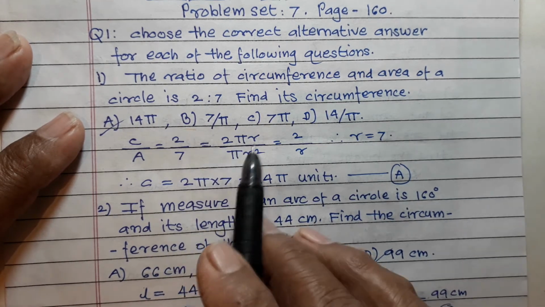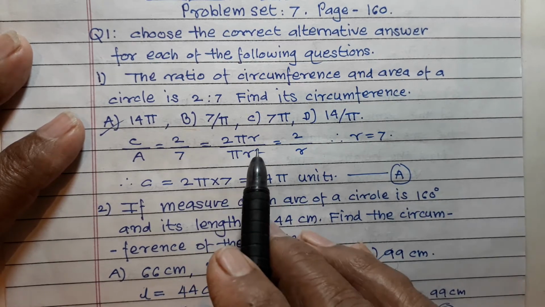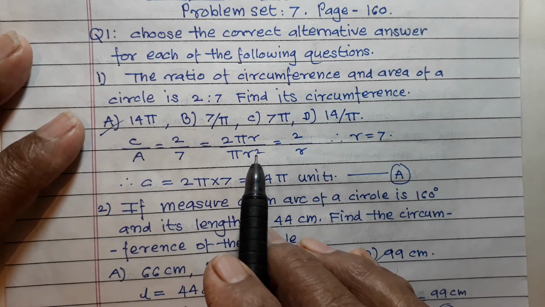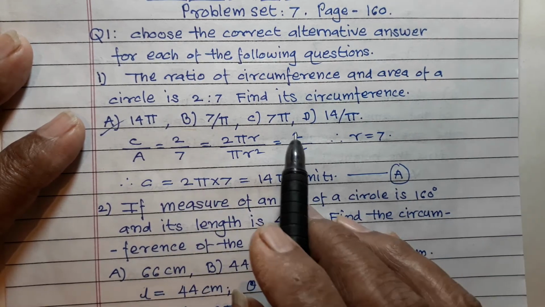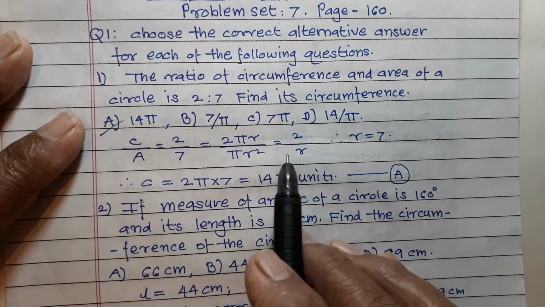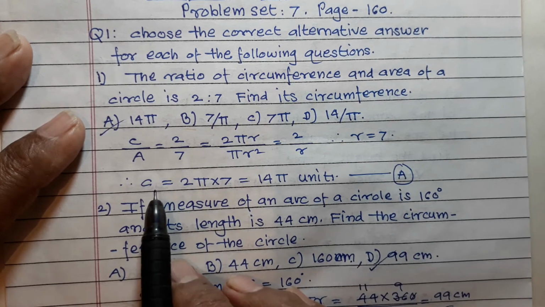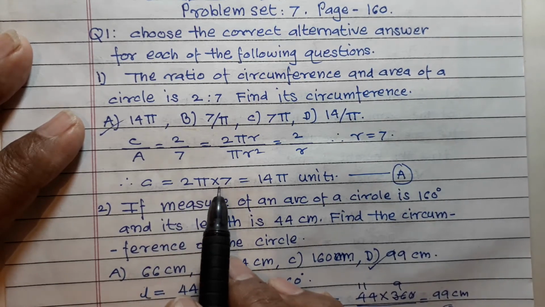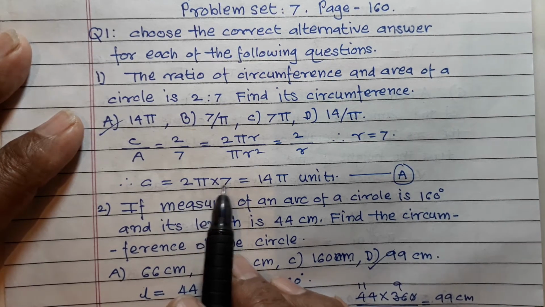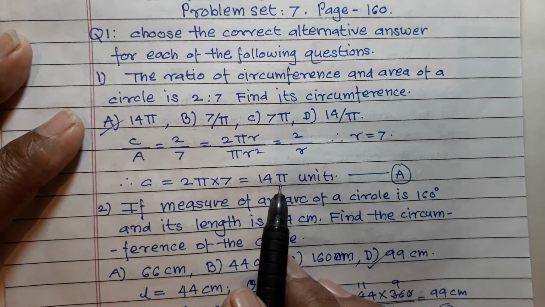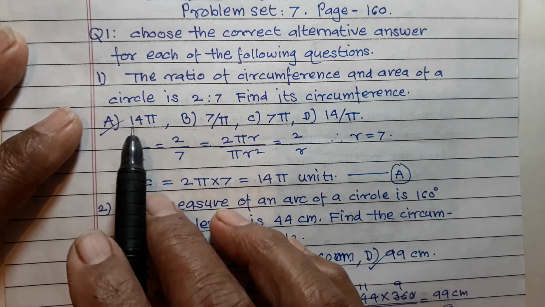Simplify this: pi gets cancelled, one of the r cancelled, and that is equal to 2 upon r. So 2 upon 7 is equal to 2 upon r, and therefore r is equal to 7, and hence circumference is equal to 2 pi r, so 2 pi into 7, so 14 pi units. So the alternative is A.